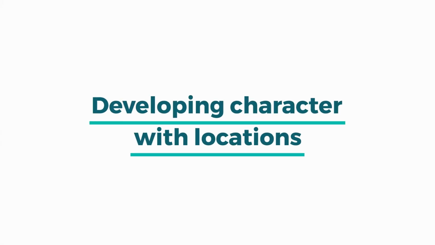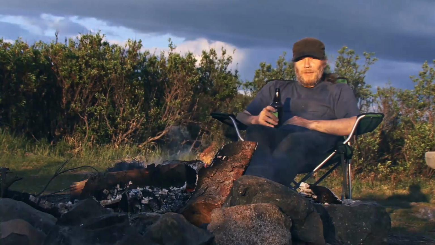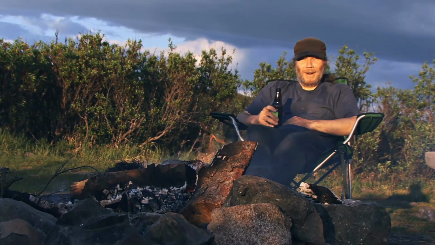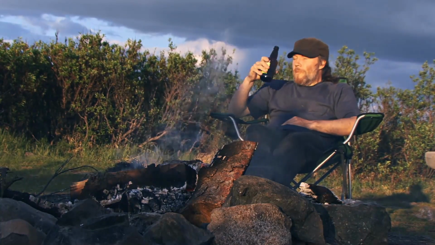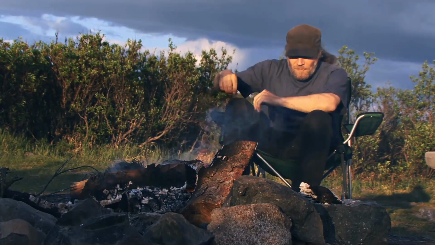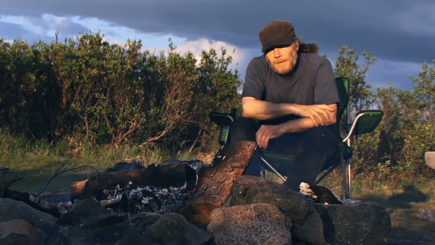Developing character with locations. How do your characters respond to their surroundings? This can give the reader a lot of information about your character without you having to say it outright. For example, one character stuck overnight in a forest will build a bivouac, take a few slugs of whiskey, and settle down with their heavy boots on a stump.